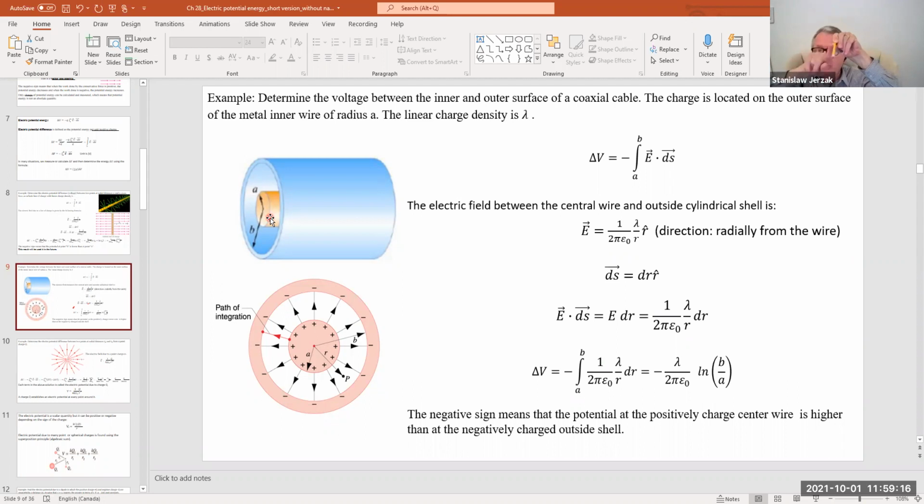But in that region, between the inner wire and shell, the electric field is radially away. So you see, the electric field is indicated by the pen, in different directions, radially, but in 3 dimensions, like this.